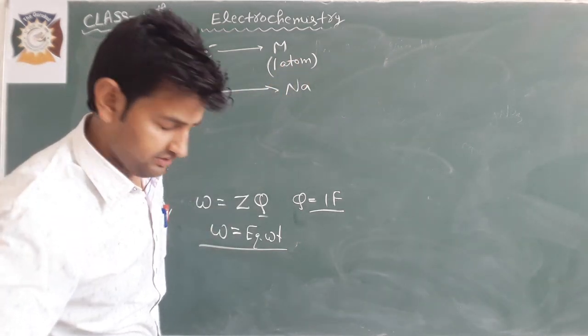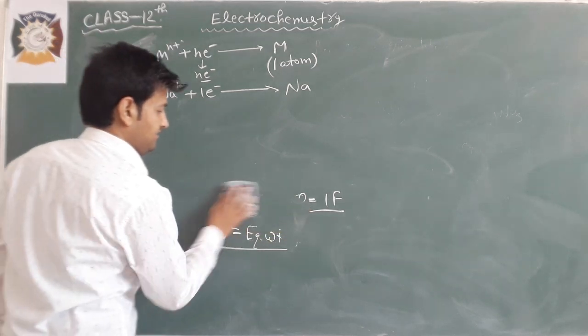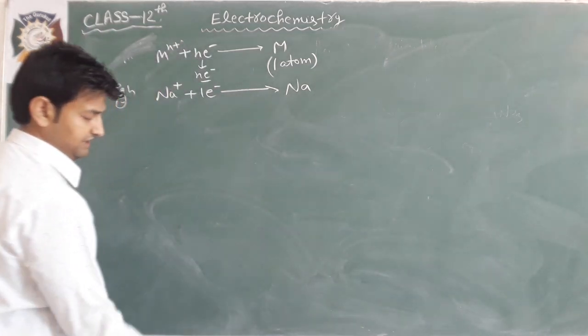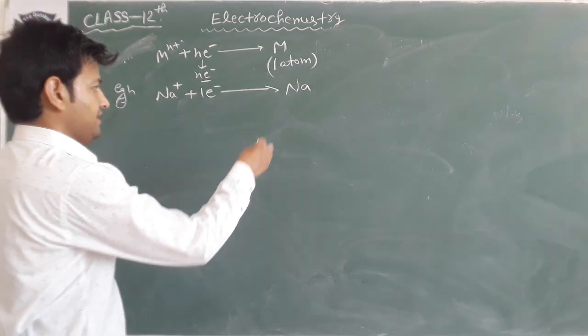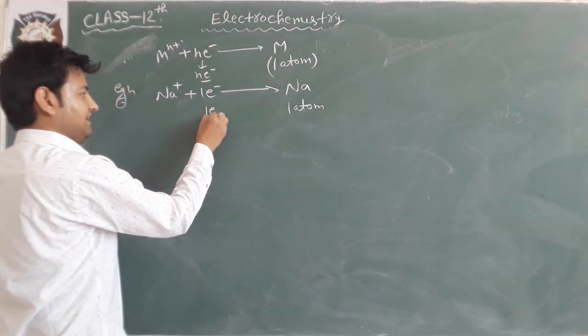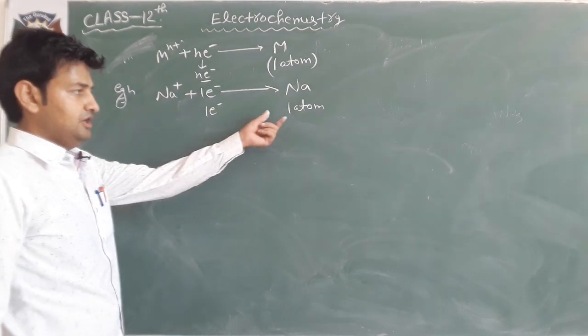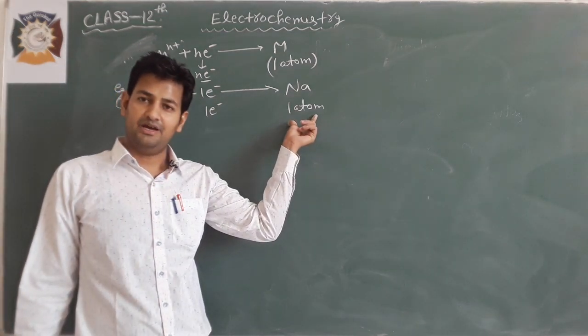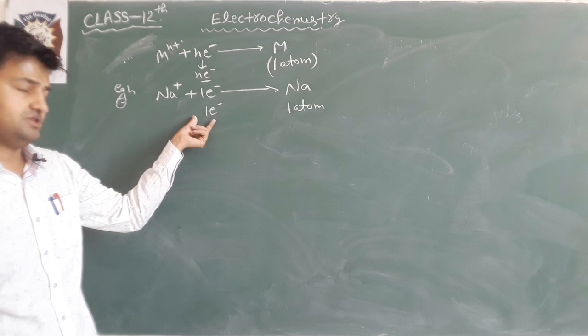So for the deposition of one atom of sodium, one electron is required. If we have to deposit two atoms of sodium, then 2 electrons are required.